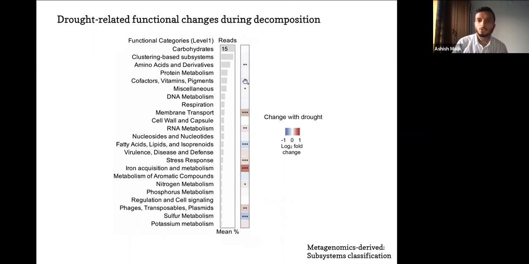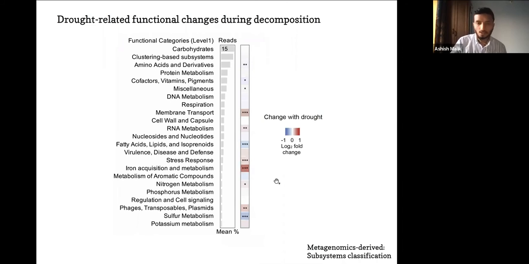And what I'm showing here is the fold change in the abundance of these functional genes within these categories at the broader scale to drought. So what you see in red is an increase in the change with drought. So, higher abundance of these functional genes in the drought treatment compared to the ambient treatment.